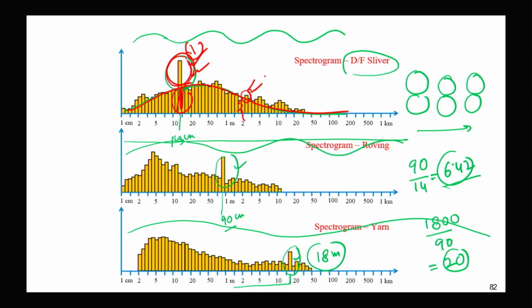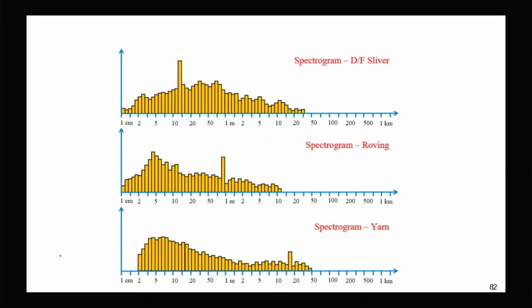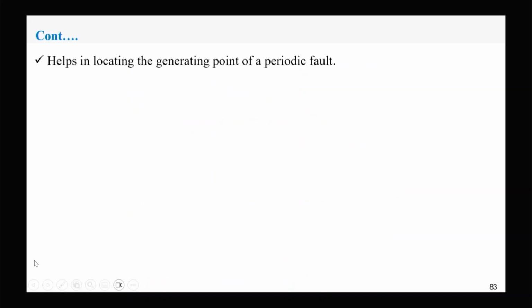If we see that ratio, then we will be able to understand whether it's significant or not. So it helps in locating the fault generating point.